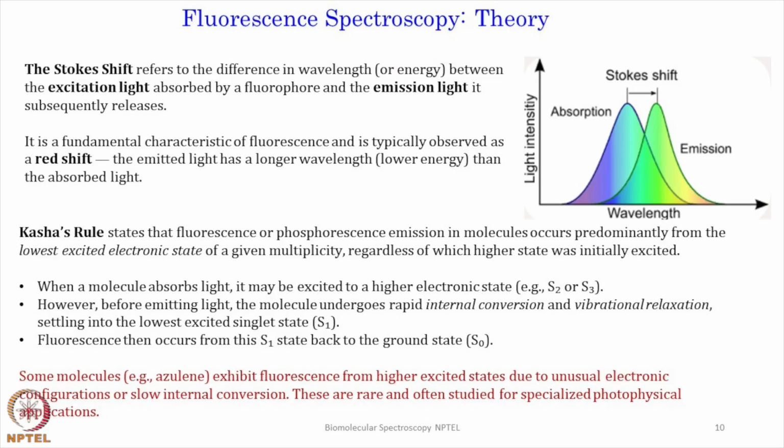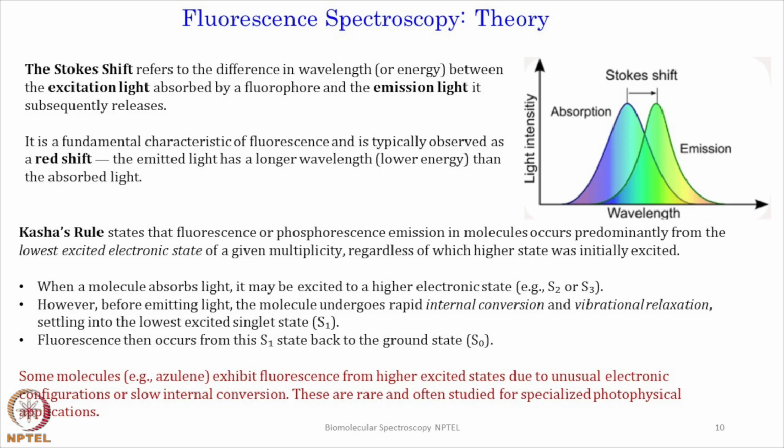So, that is the lowest excited state of a given multiplicity, whether it is singlet or triplet, regardless of which higher state it was excited to. Even if it was excited to S3 or S2, it always comes to S1 or T1 and emits from there. So, when a molecule absorbs light, it can go to a higher state like S0 to S3.